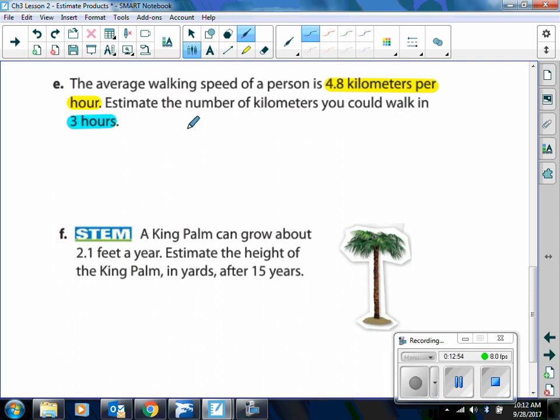So 4.8 rounds to 5, and then it's just multiplying times 3. And of course, this is how simple the work is that you need to show. Okay, so we multiply, and that's going to be 15 kilometers. Don't forget, you must label your answer. Got it?